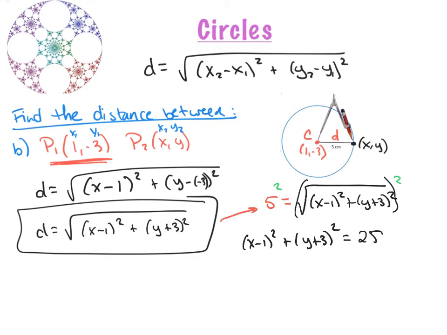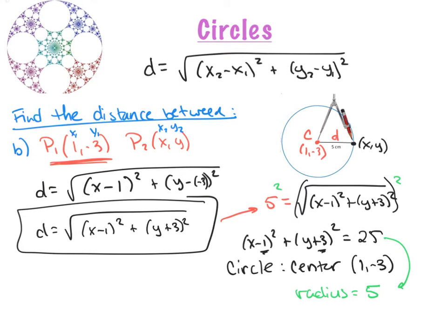So what this gives us here is a circle whose center is at 1, negative 3, and whose radius, I'm running out of room, was not 25, but it was 5, because that was the distance from the center out.